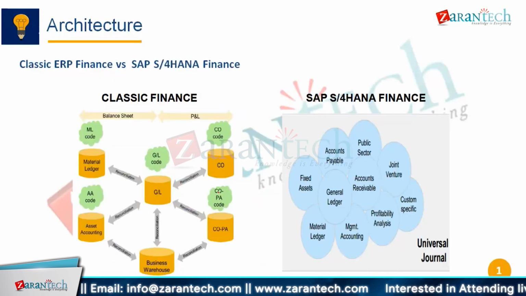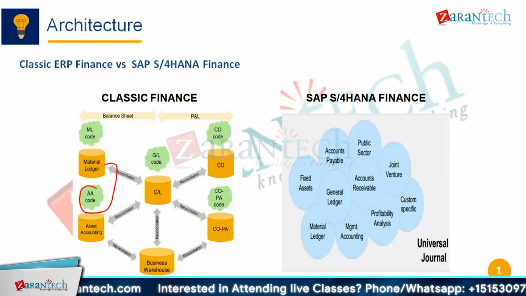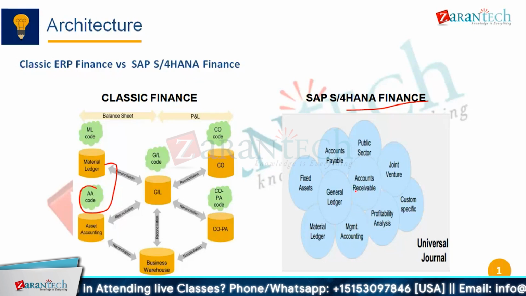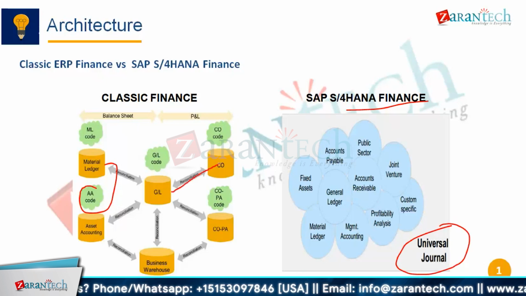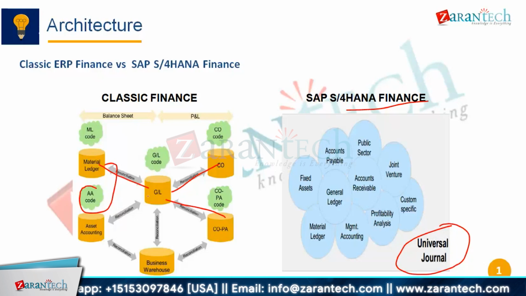In classic ERP finance we had ML, GL, controlling, COPA, BW, asset accounting. But in SAP S/4HANA, accounts payable, fixed assets, general ledger, accounts receivable are all getting stored together. Earlier we were required to perform reconciliation between each of these, for example between asset accounting and financial accounting.